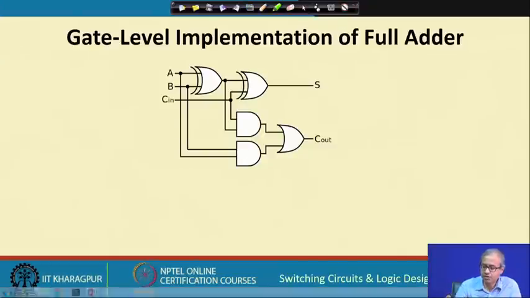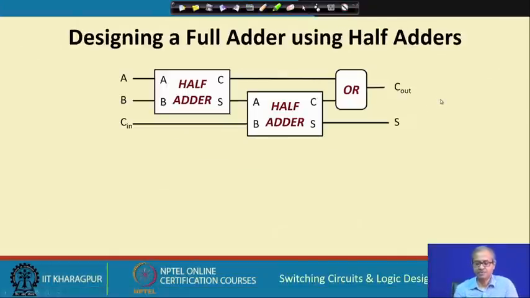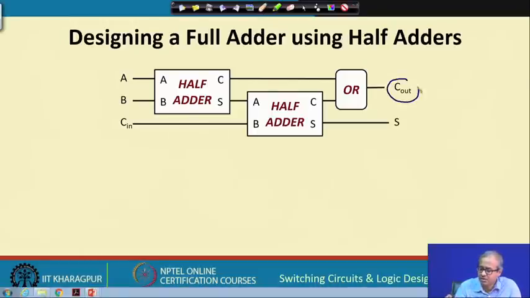There is another way to implement a full adder, that is using half adders. So, I leave this as an exercise for you to verify whether this C out and S that is being generated is correct or not, because already you know what is a half adder.